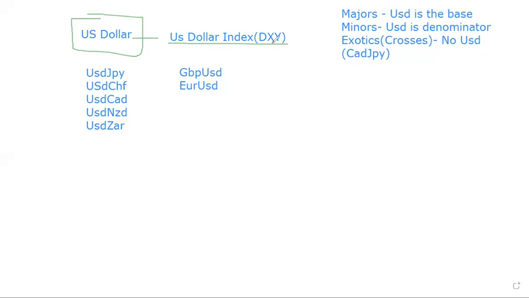So what I do is I look at all of these commodities that contain the US dollar. On GBP USD, we have a bullish chart. Euro USD, a bullish chart. USD JPY, a bearish chart. USD CHF, a bullish chart. USD CAD, a bullish chart.